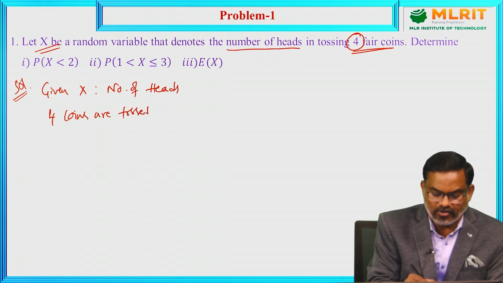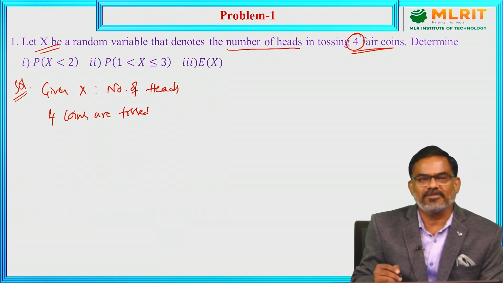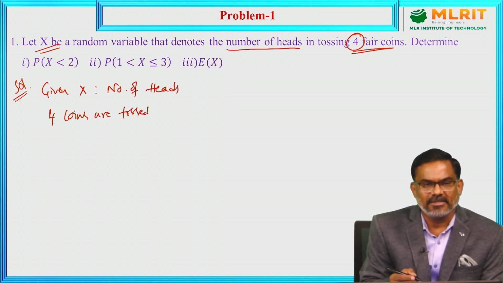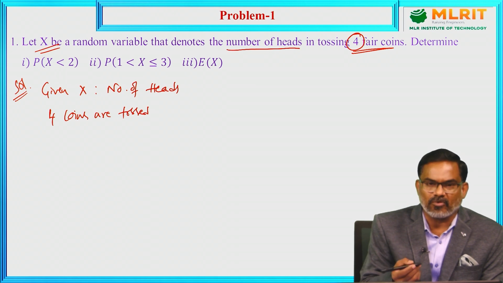So, if 4 coins are tossed, maximum number of heads possible are, can we get 5 heads? Which is not possible. Since 4 coins are tossed, the maximum number of heads is 4.